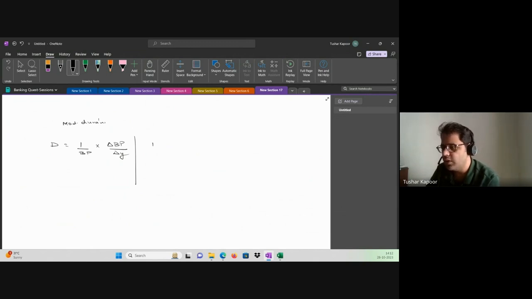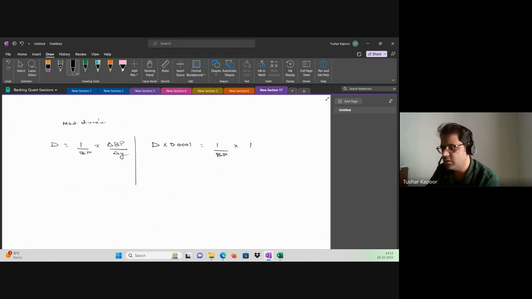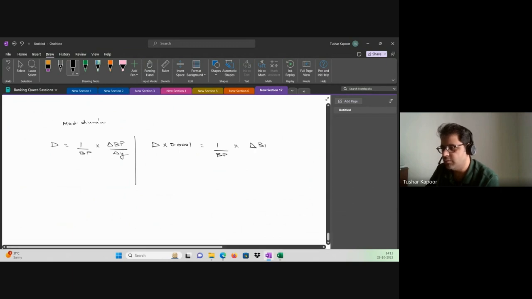So I can write D multiplied by 0.0001, where we are talking specifically about a one basis point change in yield, is equal to 1 upon bond price into change in bond price by change in yield multiplied by 0.0001. So this is the formula which is meant for your DVBP. Why am I focusing on this? You'll see in some time.